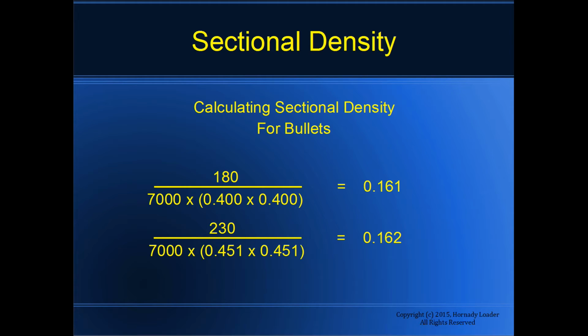We can fit more rounds in a magazine, etc., than we can with the 45. So this is one of the reasons why the 40 caliber Smith & Wesson was so popular, and the 10 millimeter as well. We achieve the same penetration with a lighter, smaller bullet.